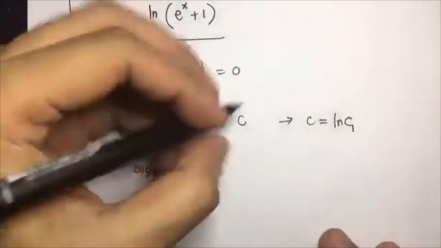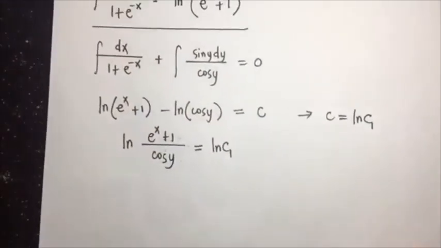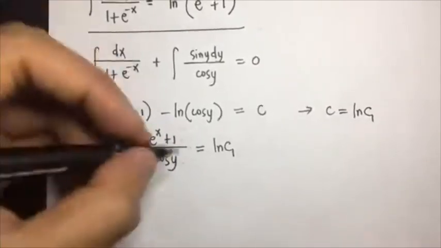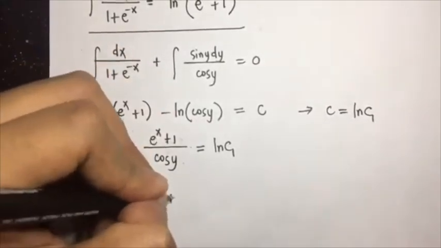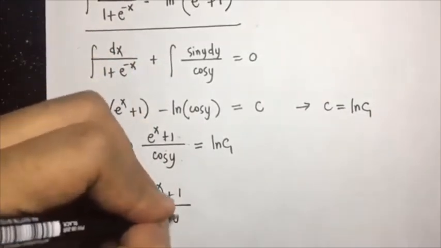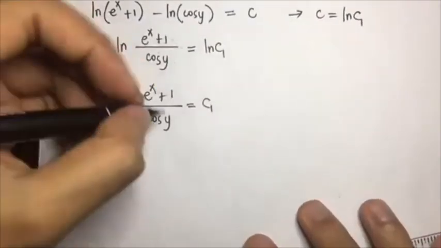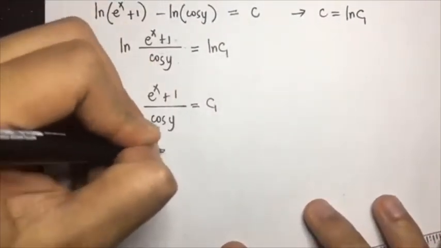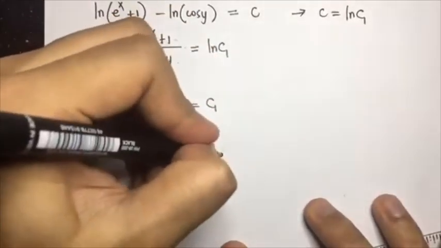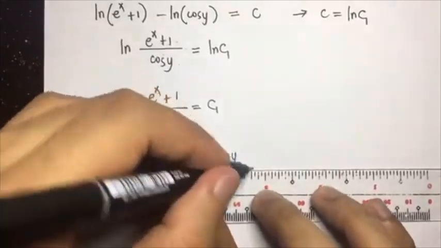Then it will become ln of c1. Since both are in logarithm, therefore e to the x plus 1 over cosine y is equal to c1, or you can express it as e to the x plus 1 is equal to c1 cosine of y. So this is now our general solution.